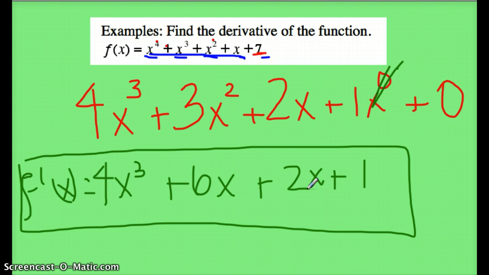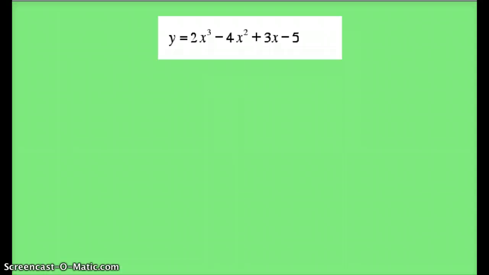Good. So let's do another problem. In this problem, you're going to see we're not only going to use the constant rule, the power rule, and the sum and difference rule, but we're also going to use the constant multiple rule, since all our terms have a coefficient already established. Those are my 3 coefficients. If I continue this, I'm going to multiply my powers.